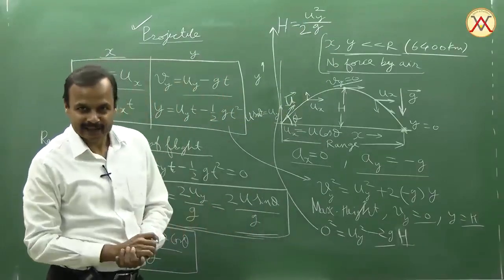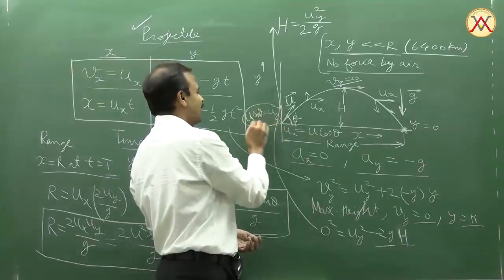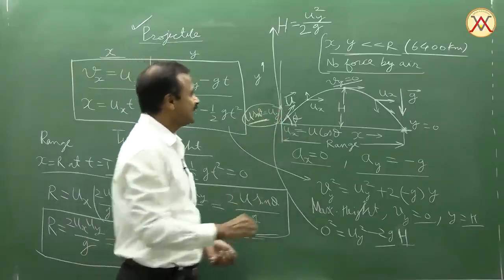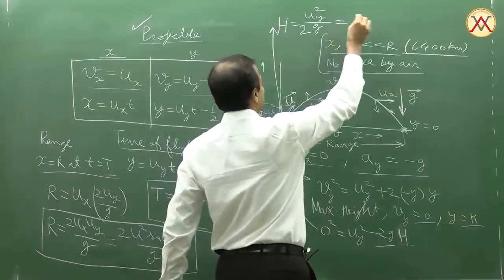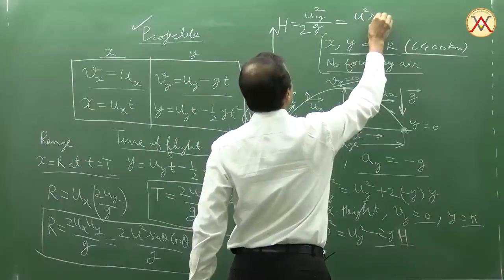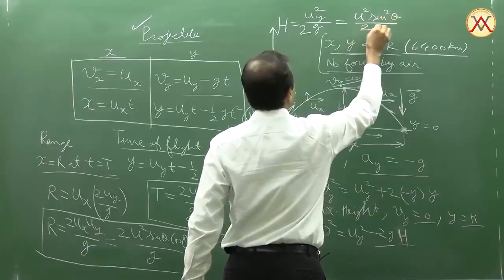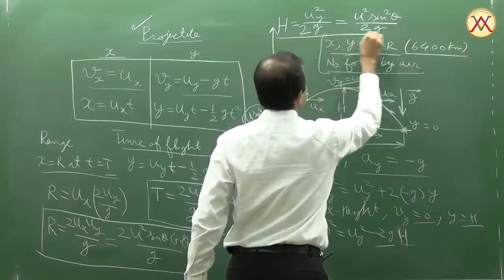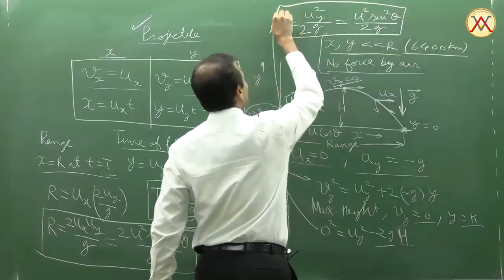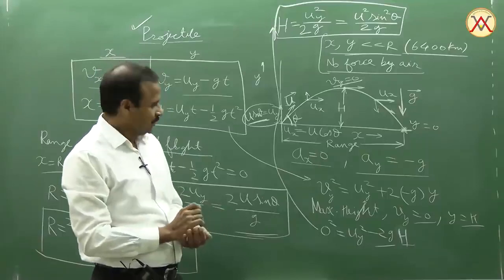If you want to write it in terms of magnitude and direction, just replace Uy by u sine theta. So you can write H as u squared sine squared theta divided by 2g. So this is the formula for maximum height attained by the projectile.